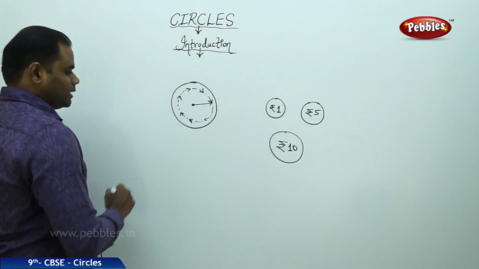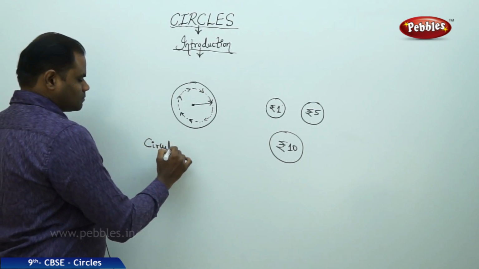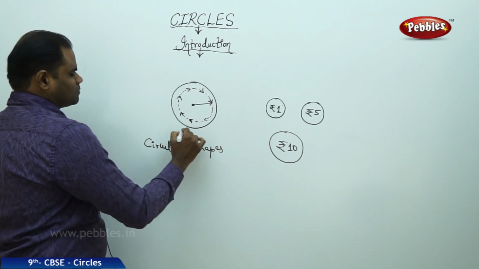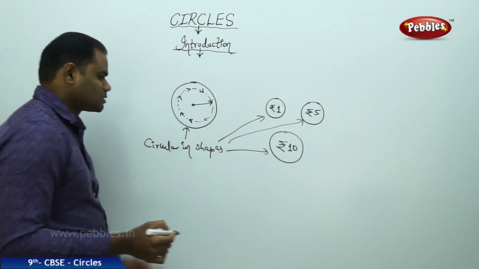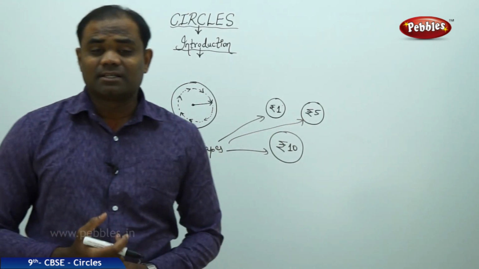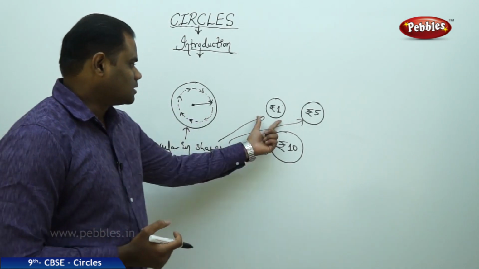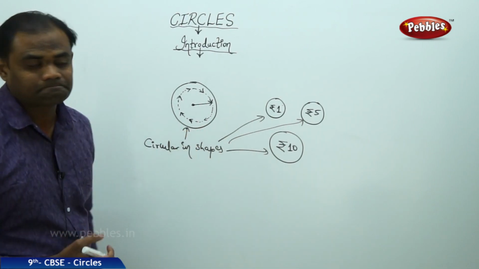This is how we understand a circle in a real life model. This is a circle, this is a circle, this is a circle, and this is a circle.